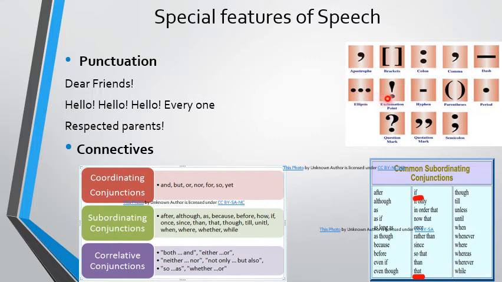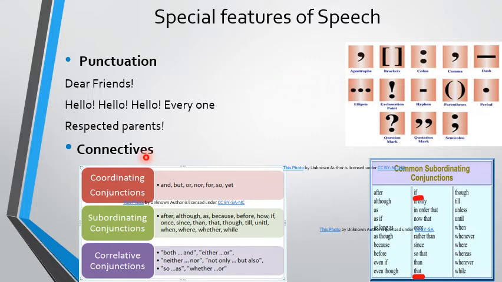This is an exclamation mark which is showing that you are expressing some emotion. And then the question mark when you put a rhetorical question, and the period and the semicolon. So please focus on these punctuation marks, and come up with a good speech.